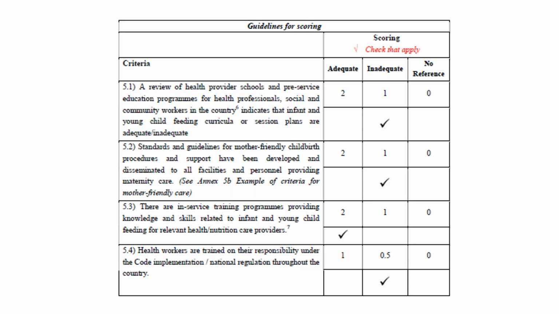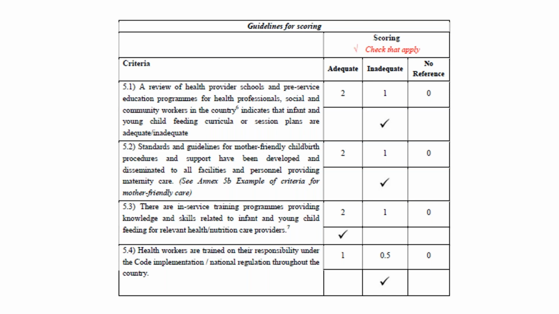And then the next question, 5.2, is asking about the standards and guidelines for mother-friendly childbirth procedures and support. The mother-friendly childbirth procedures were not included in our baby-friendly hospital initiative in the United States, although there have been attempts at developing mother-friendly childbirth procedures and support. It has not come to the national level. And then the next question, 5.3, we scored as adequate.